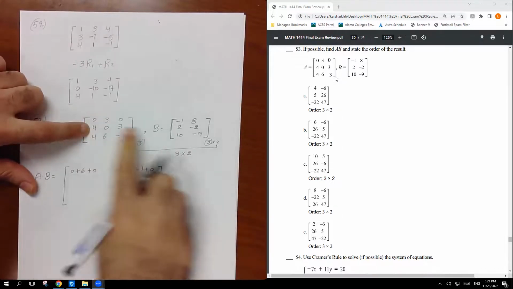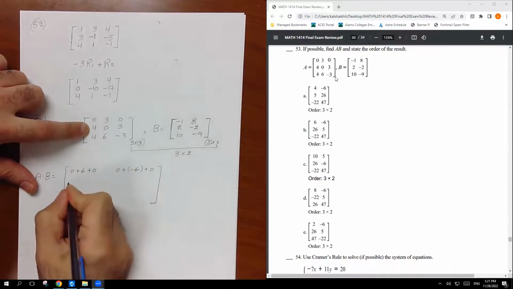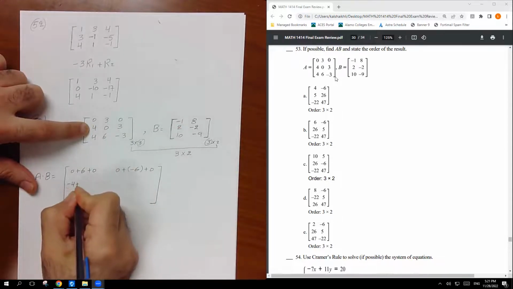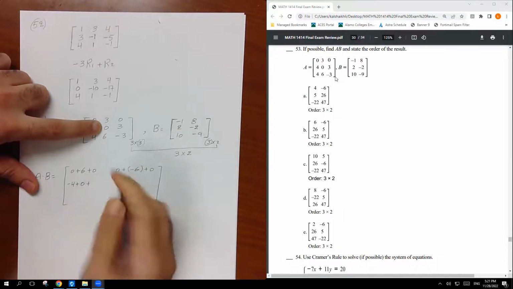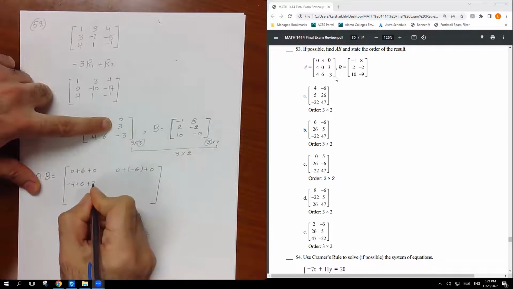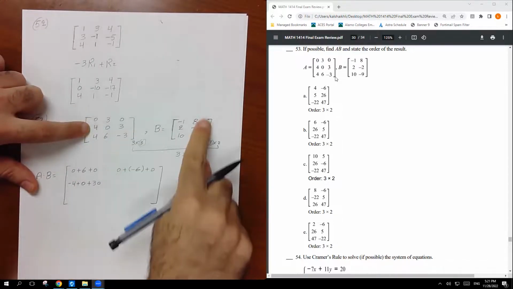The second row with the first column. So 4 times -1 is going to be -4, plus 0 times 2 is going to be 0, plus 3 times 10 is going to be 30. The second row with the second column.